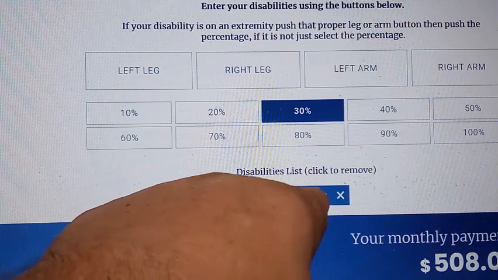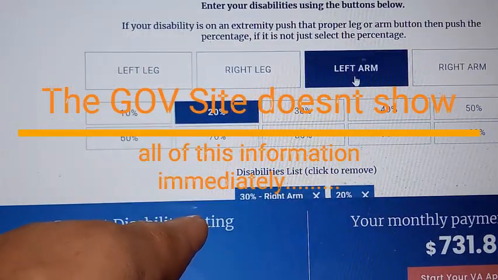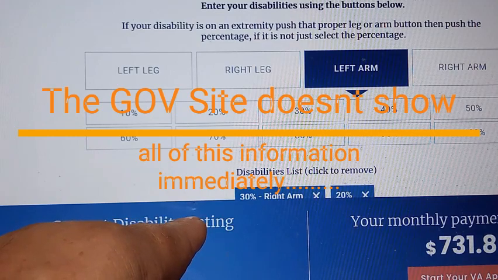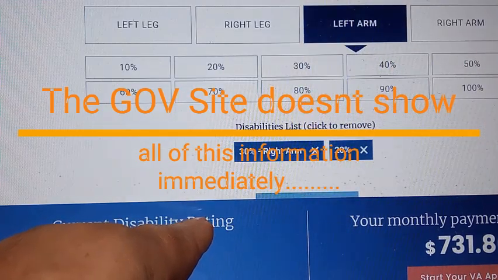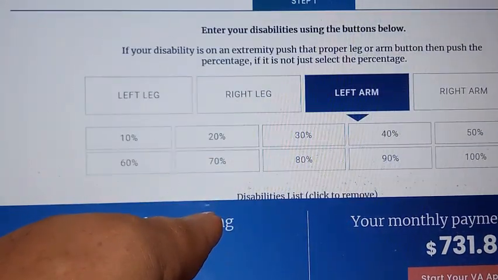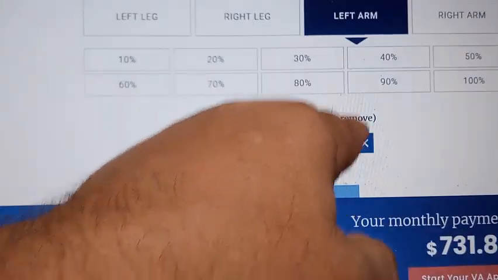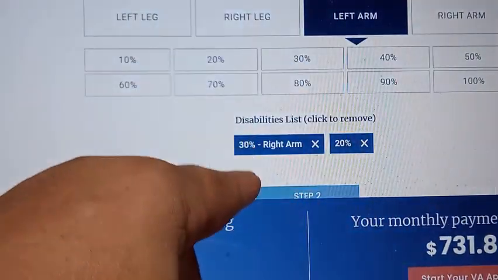And immediately it shows you how much you would get paid. 30% right arm. So now I'm 20% in my left hand. So now we're at 20%. It never did put the left hand for some reason, I don't know why.